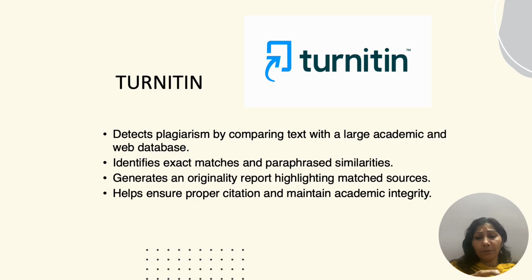And this is also a paid version of an AI application. Turnitin generates an originality report that highlights text matching from other sources. It also color codes similarities and provides links to the original content, helping writers to identify the areas which need proper citation and ensuring academic integrity.